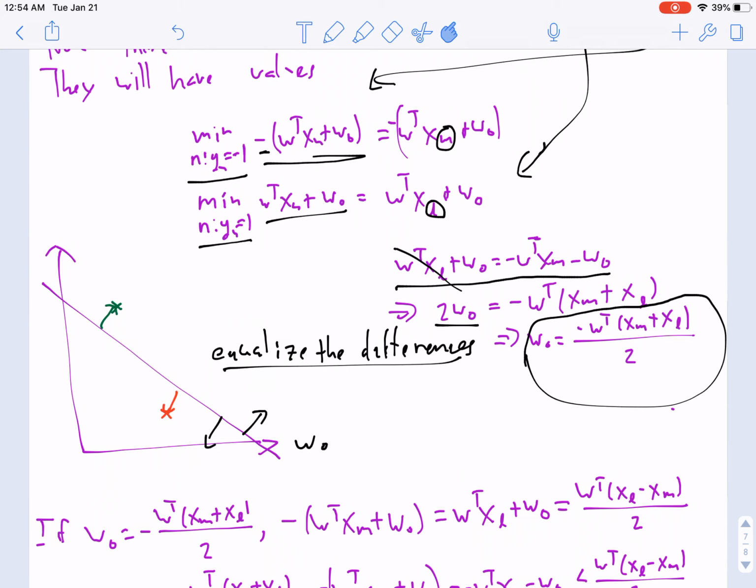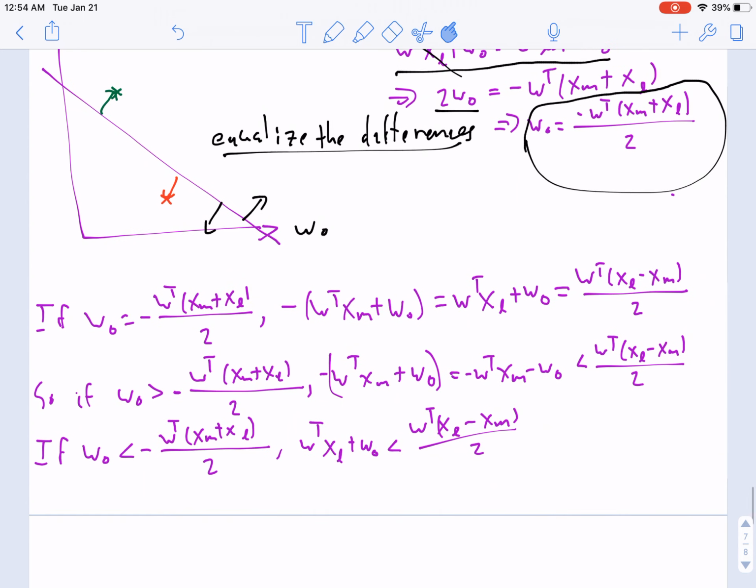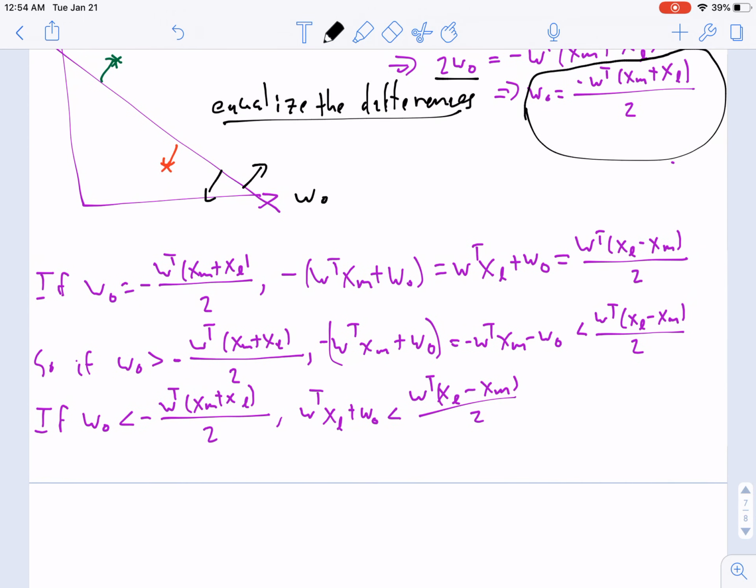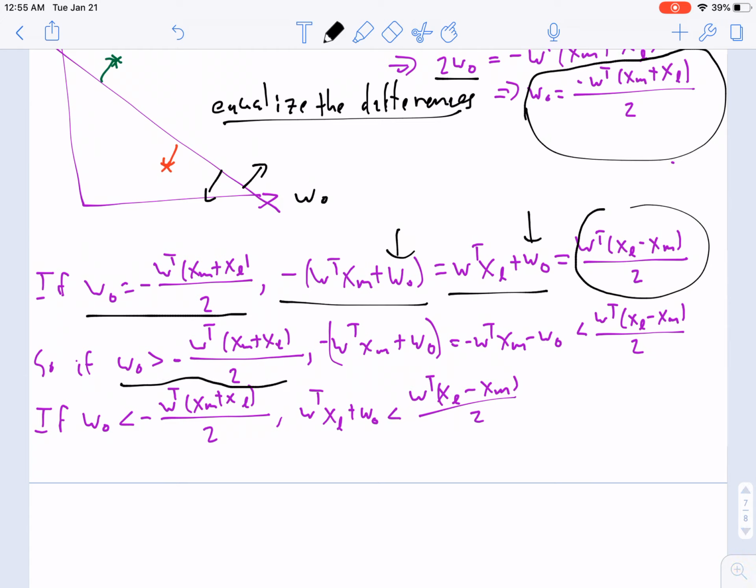But you might not necessarily be convinced of that, and we're going to go ahead and actually prove it. If we choose that to be our W naught, then the distance to either of the points is the same, and just plugging in for W naught, we get W transpose times the difference between XL and XM divided by 2. Now, what if we choose a W naught that is greater than this?